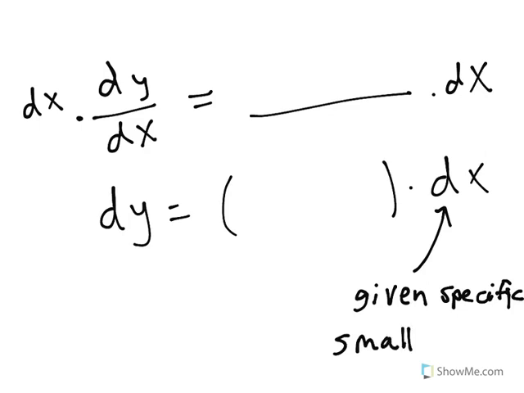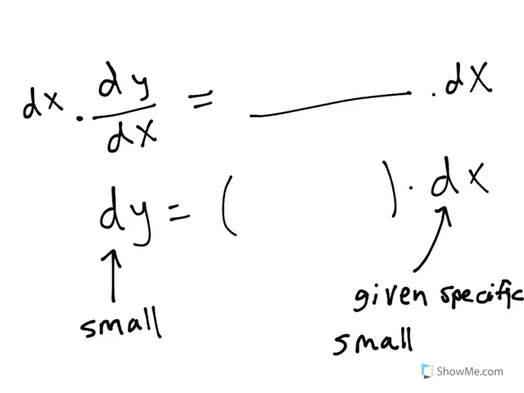You're going to see stuff like dx equals 0.1 or 0.01 or 0.2 or 0.25, where it's very small. And so typically dy is also going to be fairly small, because what we want to know about is a small window around the point where we're looking at a value of x and y.